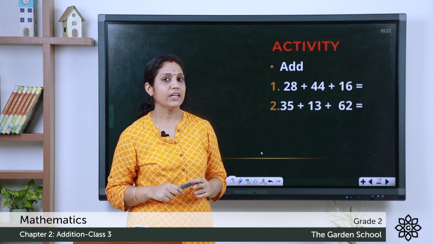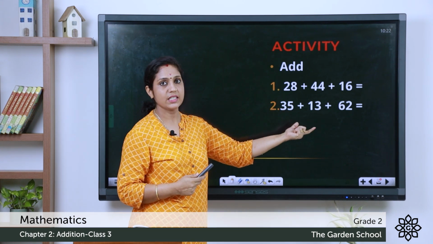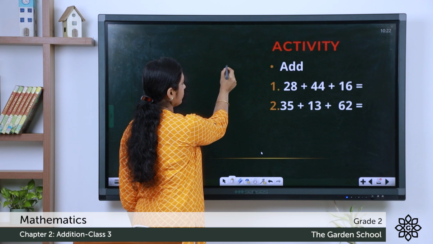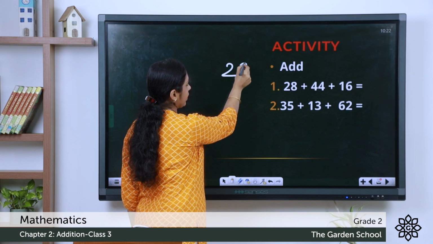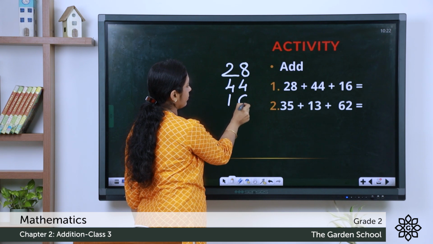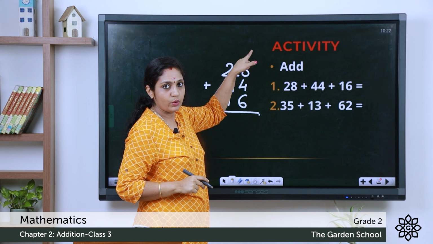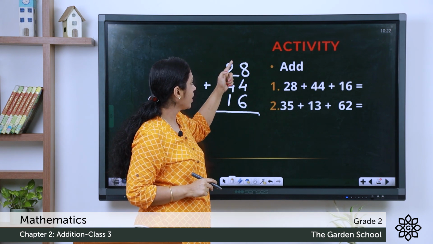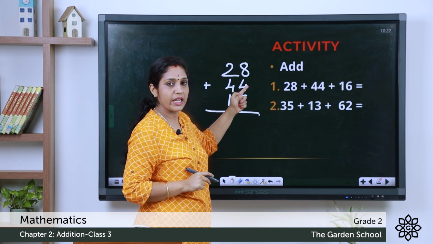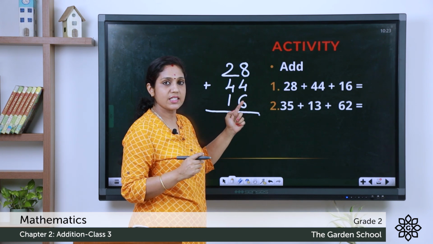So hope you have done. Let's check it. We have 28 plus 44 plus 16. So let's add the one digit numbers in the ones place. 8 plus 4 is 12. 12 plus 6 is 18.